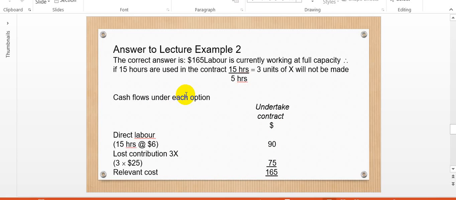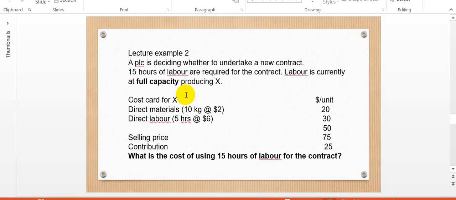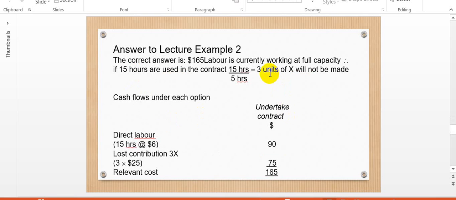If we move 15 hours of labor from product X, how many units of X are we not going to make? Since product X requires 5 hours, if you remove 15 hours, it means 3 units of X will not be made.